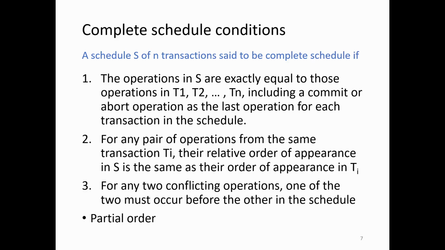For example, if a transaction T1 has a pair of operations like read and write, then in the schedule also, read should come first and write should be second. So the same order in both the original transaction as well as in the schedule.